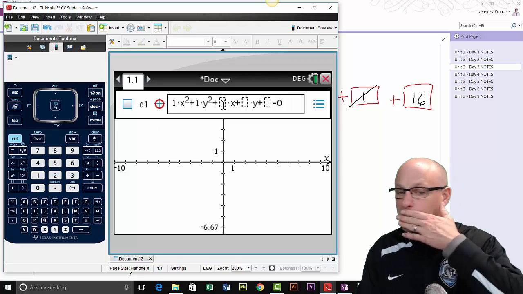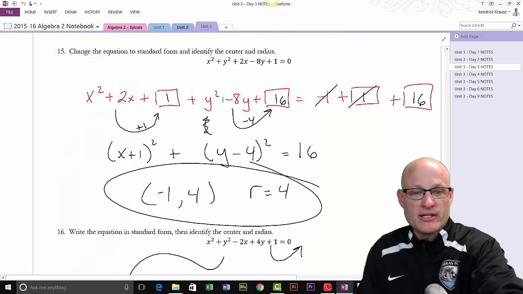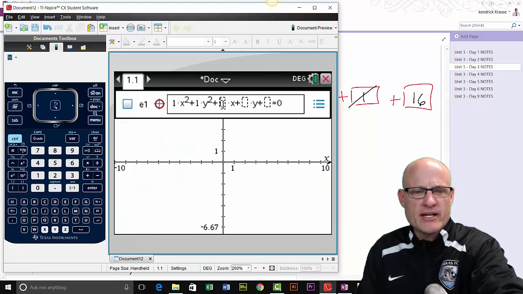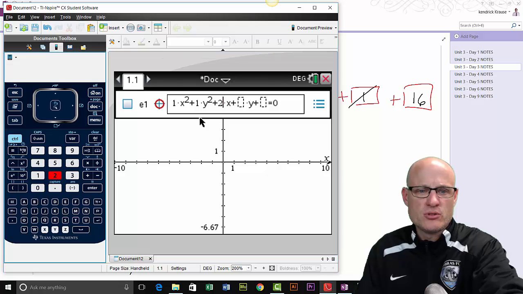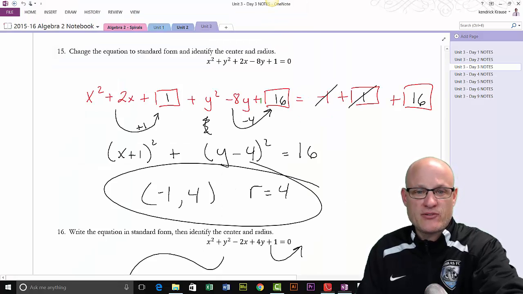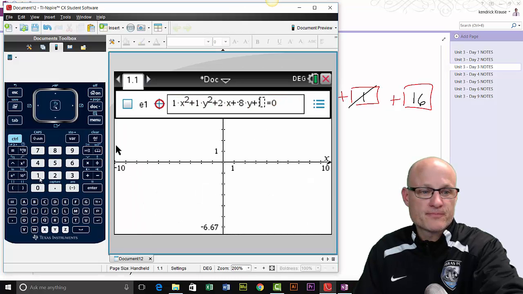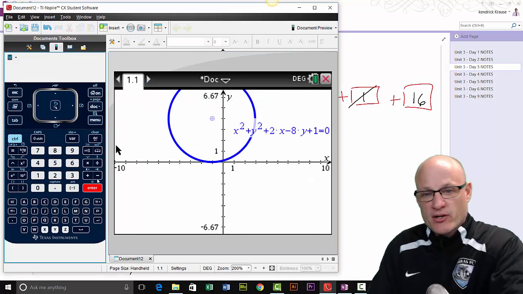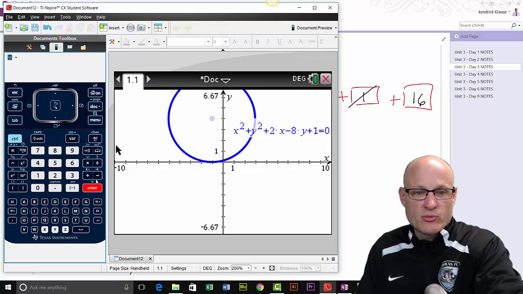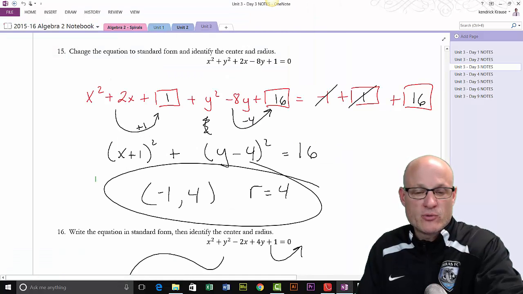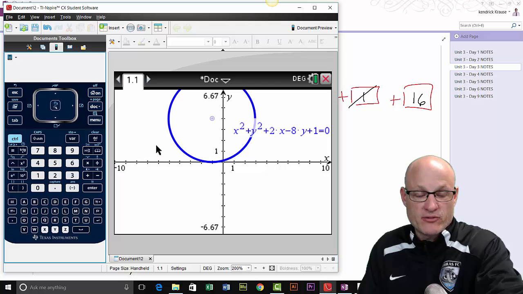Then we're going to go over here, and we put in a 2 and a negative 8. A 2 and a negative 8. And the constant was a 1. And we hit center. And there's that one. Now, didn't we say that the center was negative 1, 4? Negative 1, 4, and there it is. And it looks like I got a radius of 4.